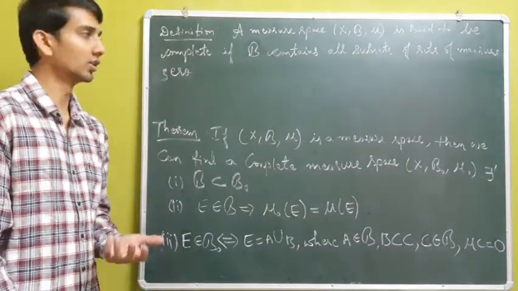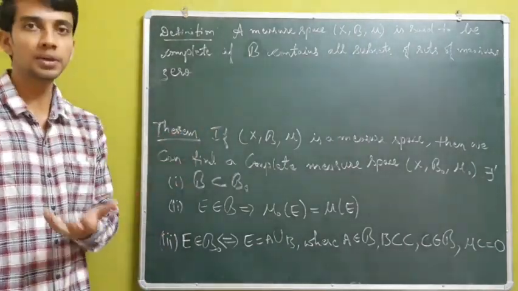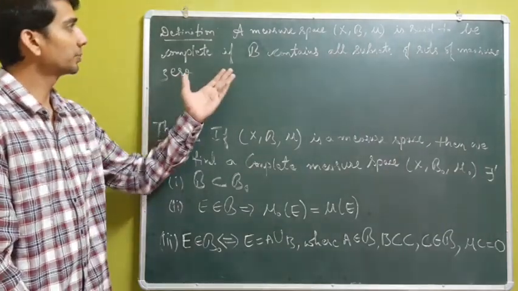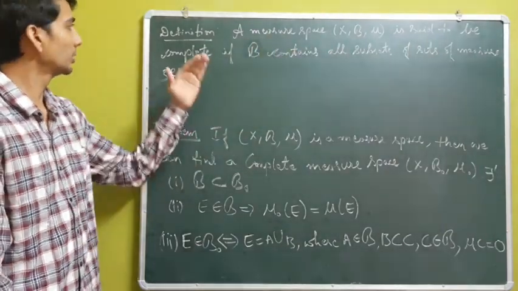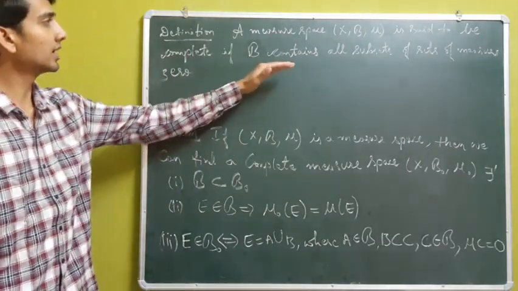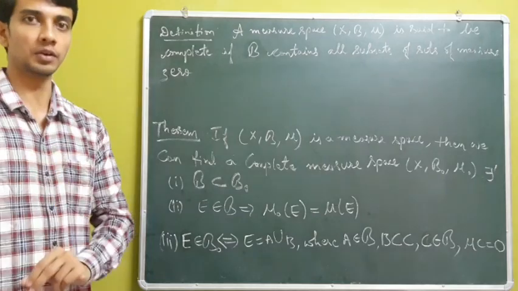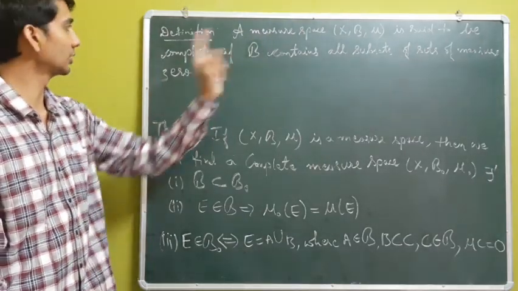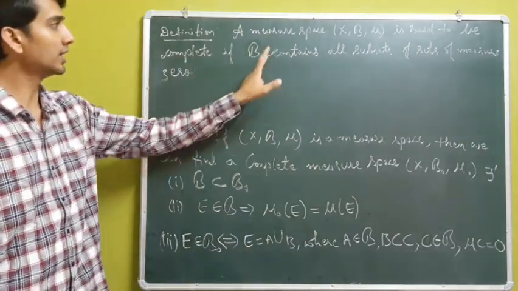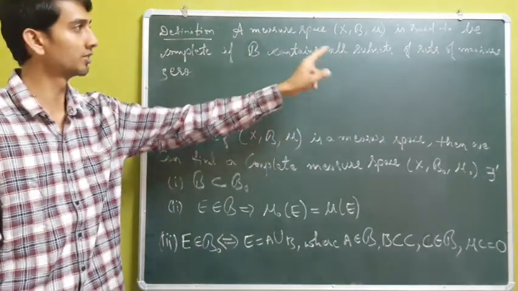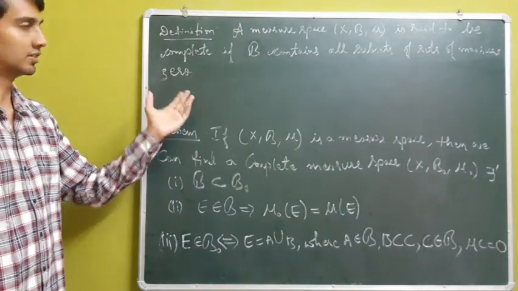So we are about to learn what we mean by a complete measure space, and the definition is as follows. A measure space (X, B, mu) is said to be complete if B contains all subsets of sets of measure 0. So a measure space is said to be complete if the collection contains all subsets of sets of measure 0.